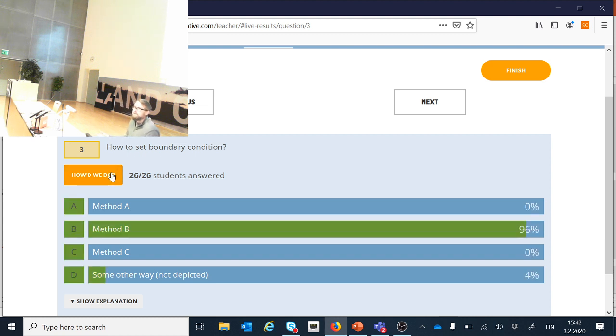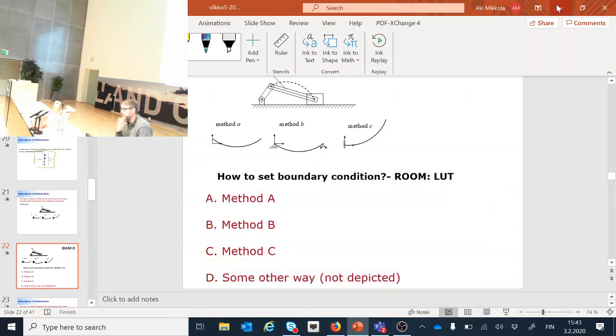Everything is correct. It doesn't matter what you select, it's correct. Now, wait a minute. It doesn't matter what you select, it's correct. This is against common sense, big time. How come? Because think about that. Remember what they teach you in a modal analysis course. You've been in that course already.